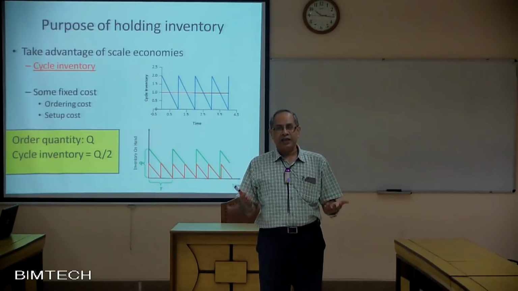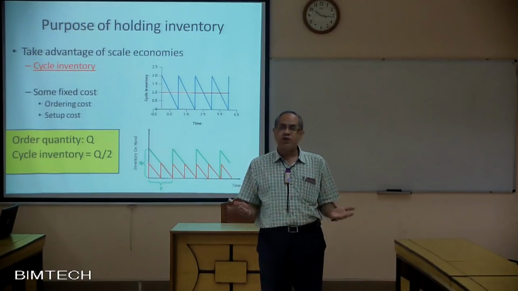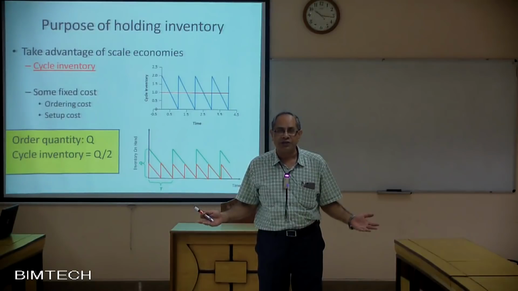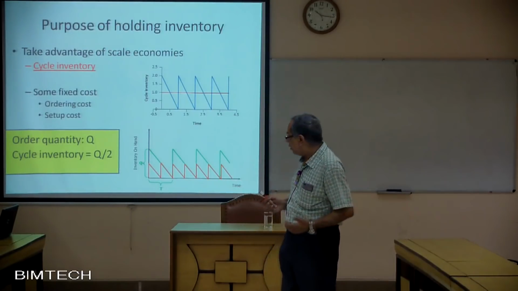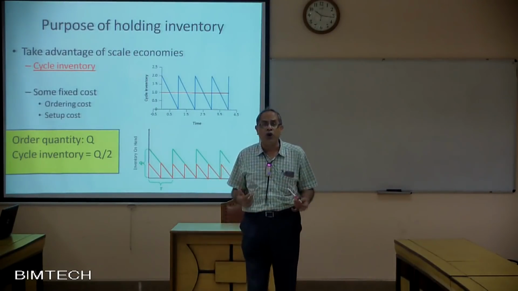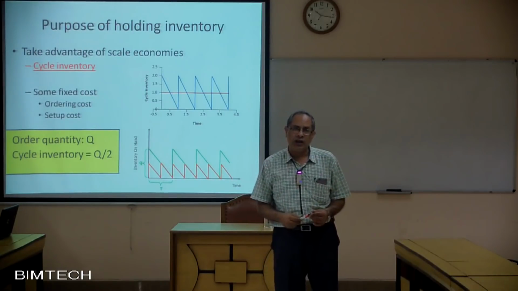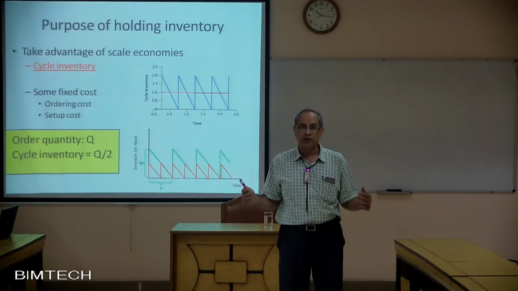But then, if the consumption is 1,000 units per week, that consumption of 1,000 units per week is independent of how many pieces I order every time I order. So we have to understand this, that the Q, the size of the order, is a variable in control of us. We decide that quantity Q, but the demand is something that is given to us.